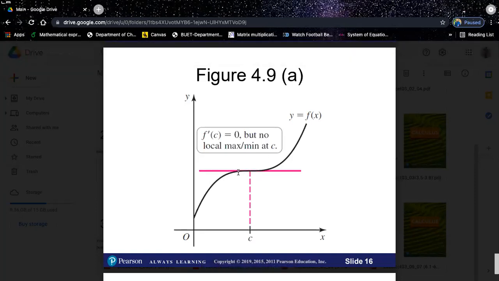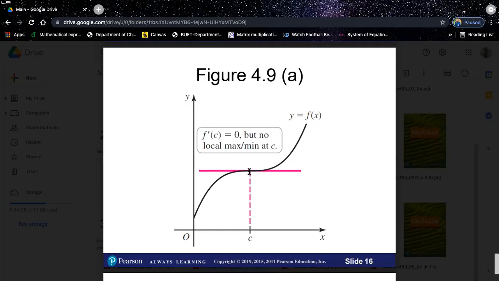Even if you pick a smaller interval, there will be points smaller than this and higher than this, right? So there is no local min or local max at this point C.